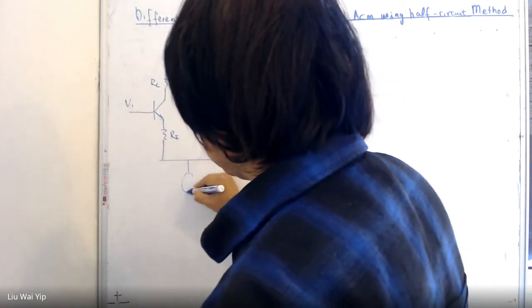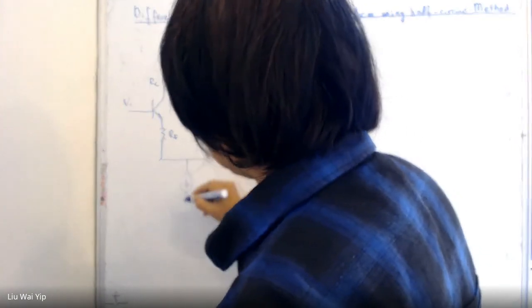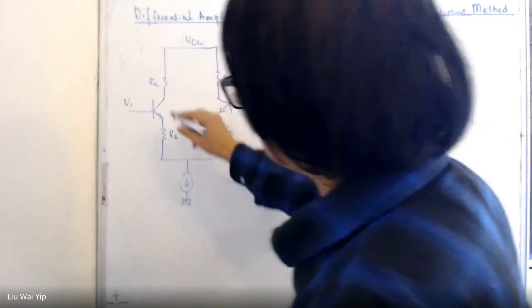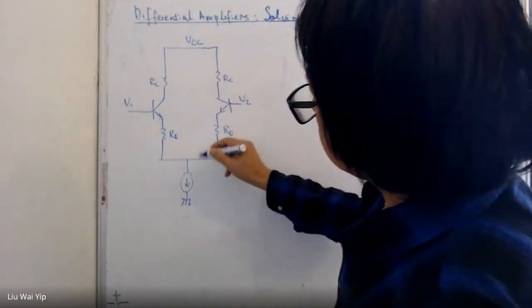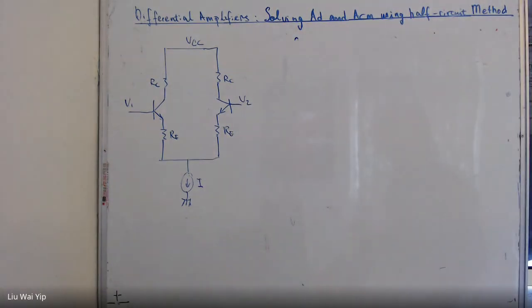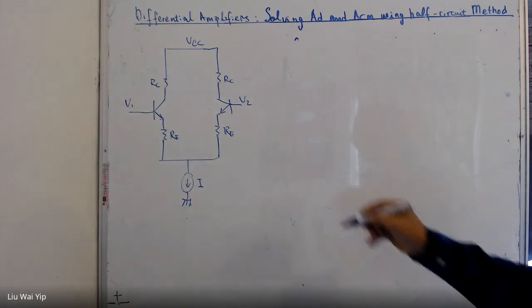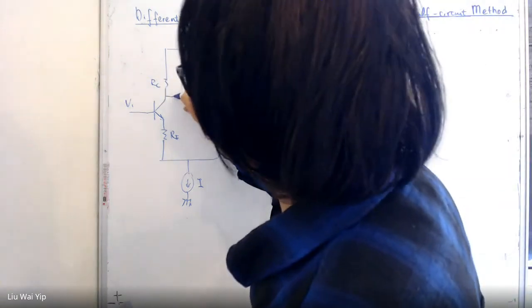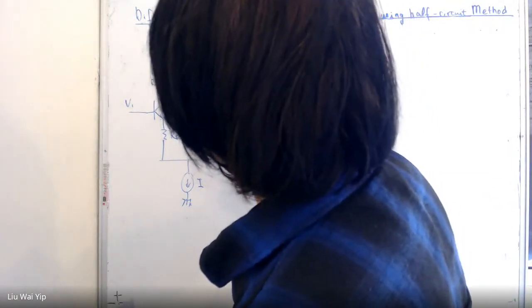We are going to use the current source to supply bias current to both branches, and the output is to be tapped from here.